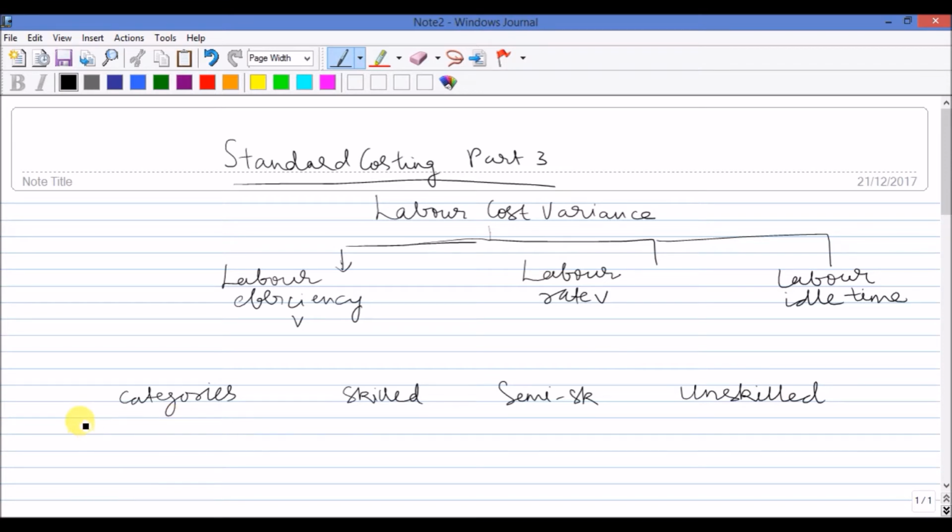The labor is always paid hourly wages. Because this worker is highly skilled, this is semi-skilled, this is unskilled, this one would be paid 12 rupees an hour, this worker would be paid 10, and this worker would be paid 8.